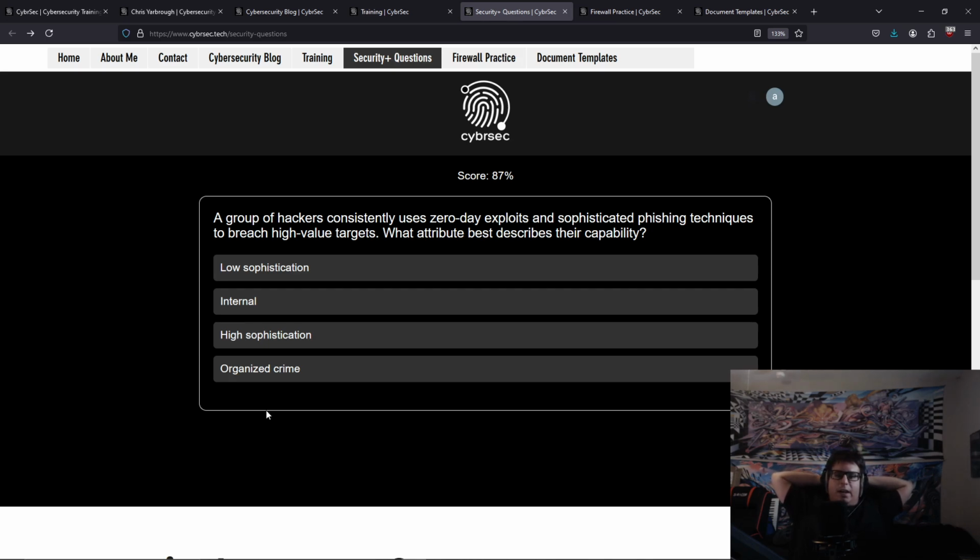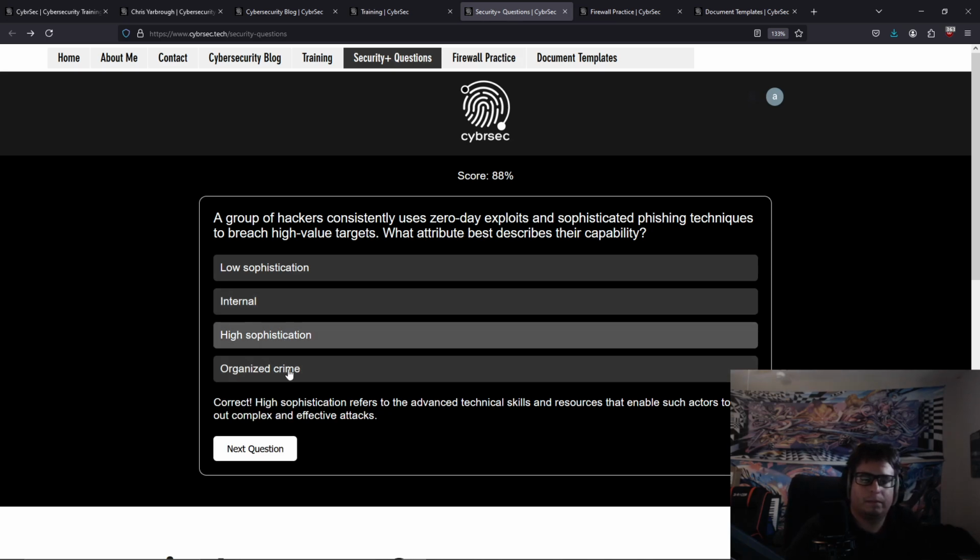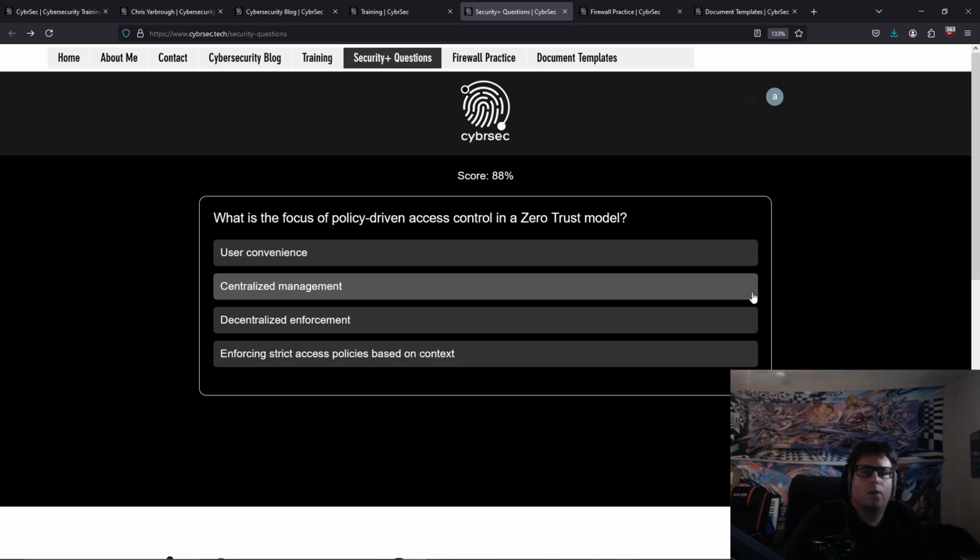A group of hackers consistently use zero-day exploits and sophisticated phishing techniques to breach high-value targets. What attribute best describes their capability? High sophistication. What is the focus of policy-driven access control in the zero trust model?